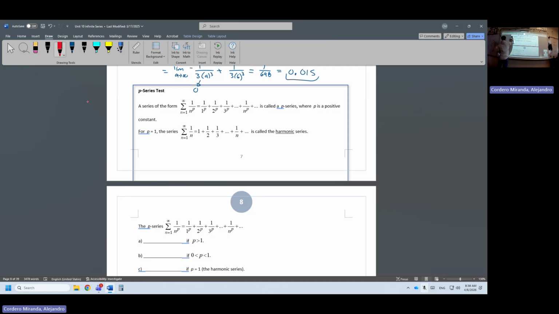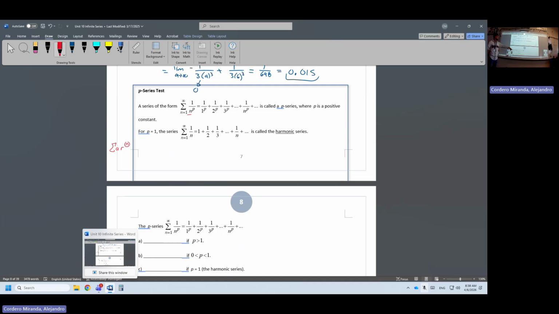Geometric series are here in red. They look like A times R to the N. And P series look very similar, but do you see the difference between geometric and P series? It's like the N of the R, it's like above the N. Yeah, exactly. Now the N, the thing that you're increasing each time, is the bottom of the fraction where the power is staying put.